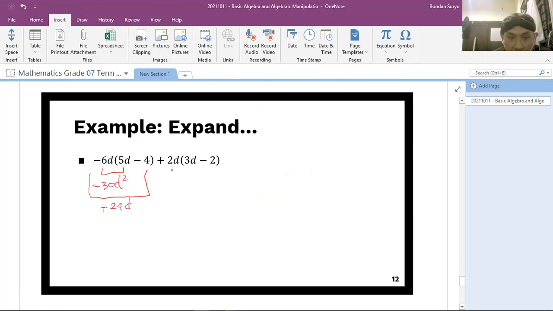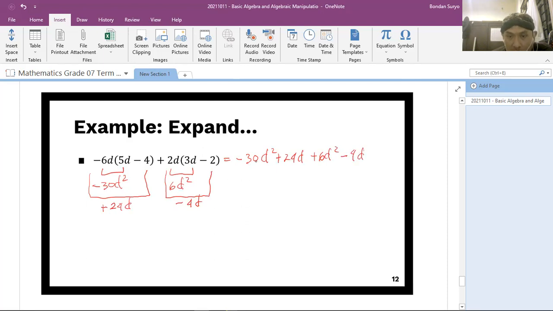This one, 6d squared. And this one equals negative 4d. Let's join all together. First, negative 30d squared. Then we have 24d. Then we have 6d squared. Finally, we have negative 4d.